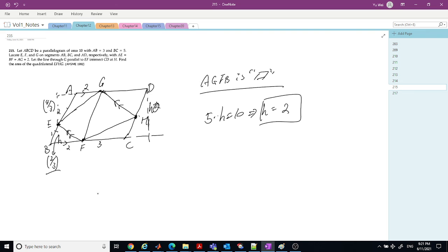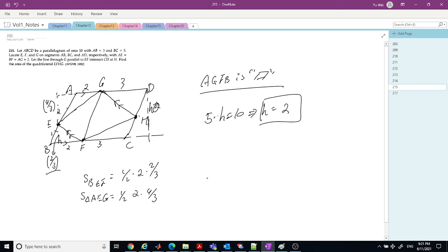So now we can calculate the BEF triangle is half of the 2 times 2/3. The AEG is half of the 2 times 4/3. All right, and we need this triangle, right?